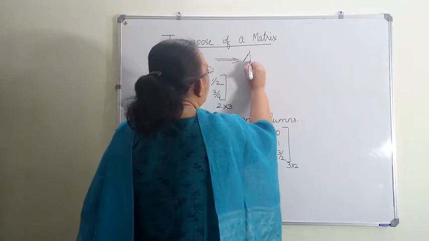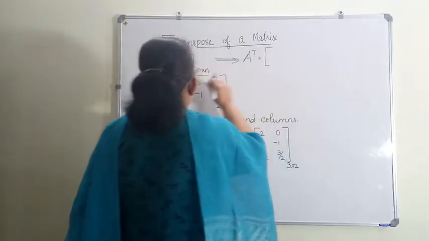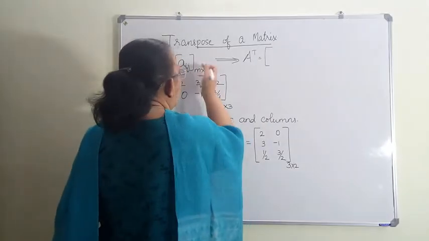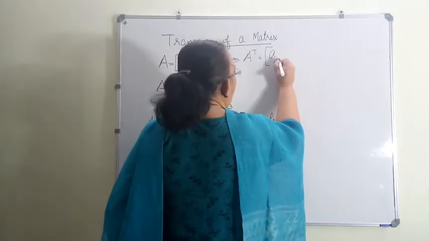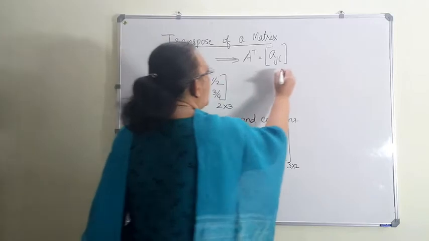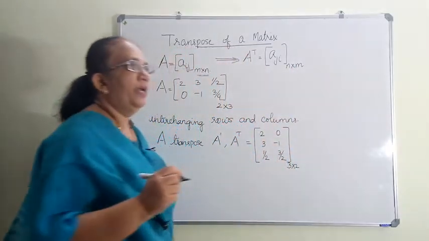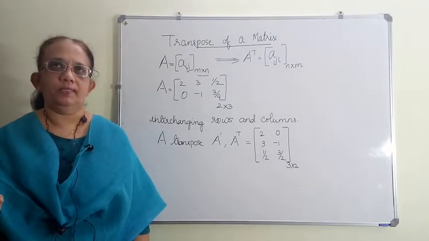How can you write the general form? Here i is the row, j is the column. So, when you find the transpose, it becomes j row, i column, and the order becomes n by m. This is called the transpose of the matrix.